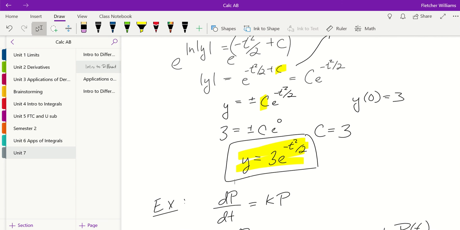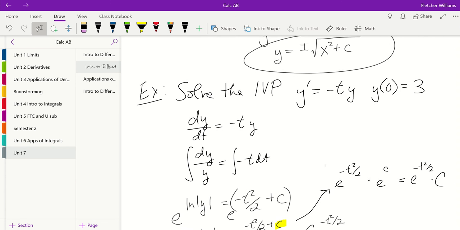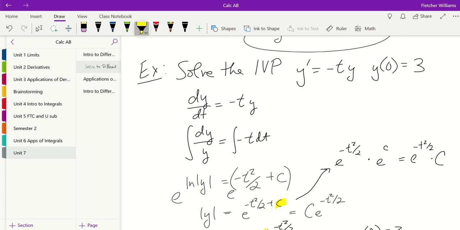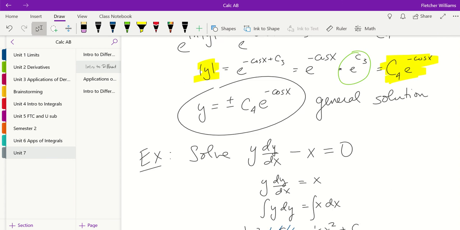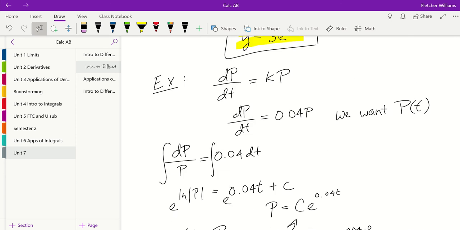It's a little bit different here because it wasn't just proportional to itself. Notice that this equation was proportional to y times t, not just a constant. But I will give you the general solution.